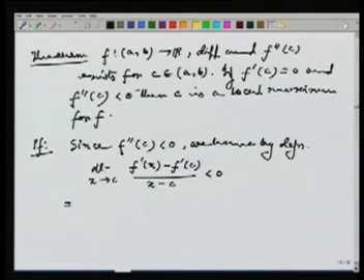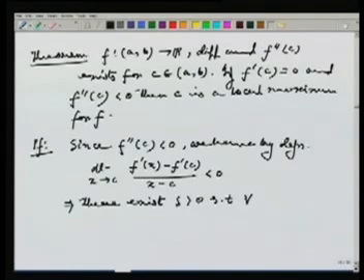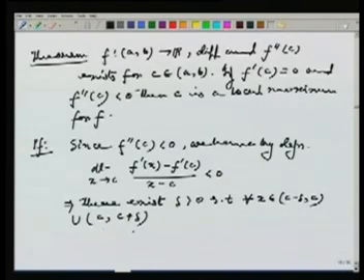This implies there exists delta bigger than 0 such that for all x in (C minus delta, C) union (C, C plus delta), we have that (f prime x minus f prime C) divided by (x minus C) is less than 0.